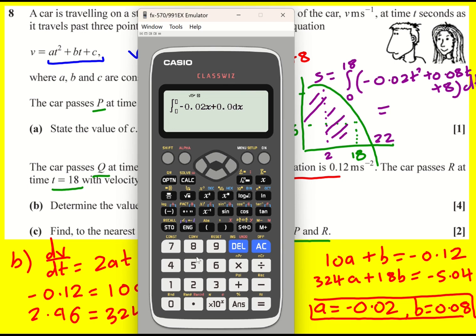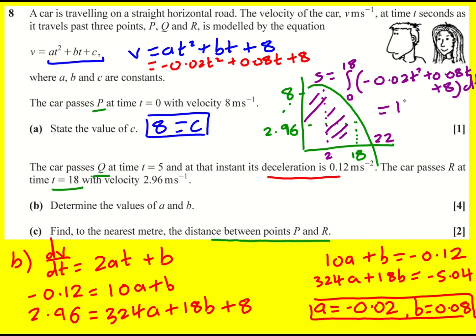You definitely don't want to be actually integrating it by hand. Sorry, that was a mistake. That should be squared. Okay, 118.08. So to the nearest meter, 118 meters. Nice one.